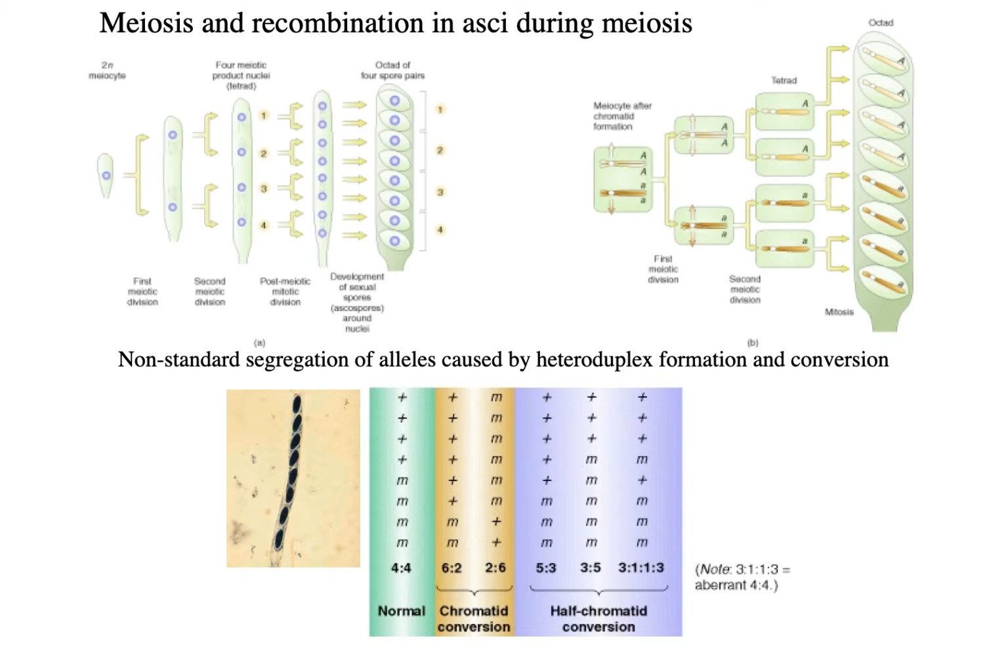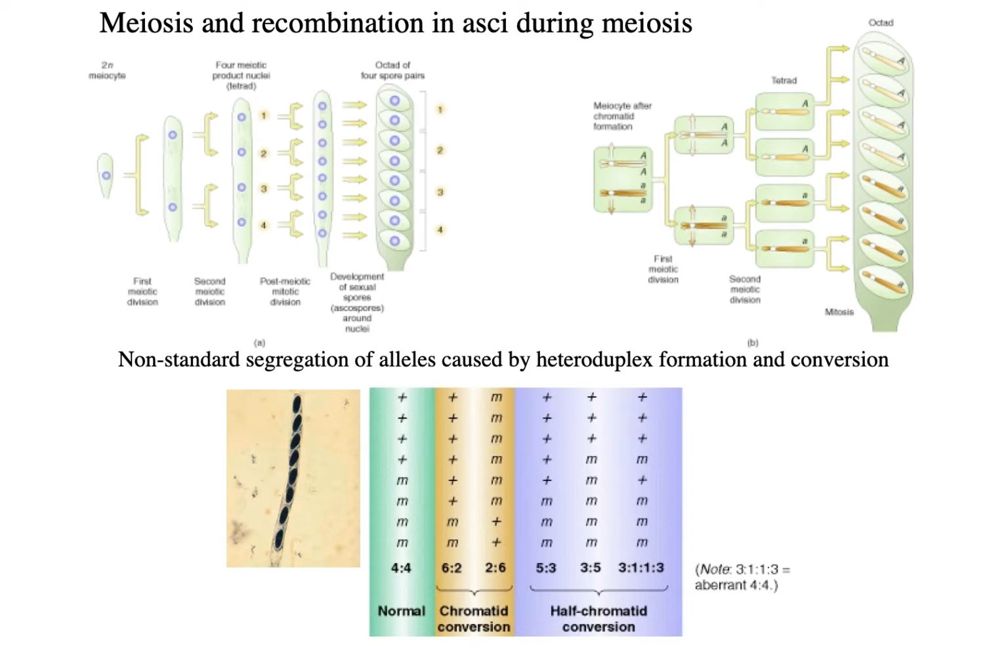So in many cases, you would get this normal 4-4 segregation because the correction was on one strand half of the time and on the other strand the other half of the time. So you still got a 4-4 segregation, as if there were no crossover in that area. However, in some cases, one strand was used more for the correction template than the other, and then you would get varying numbers of the wild type allele versus the mutant allele.